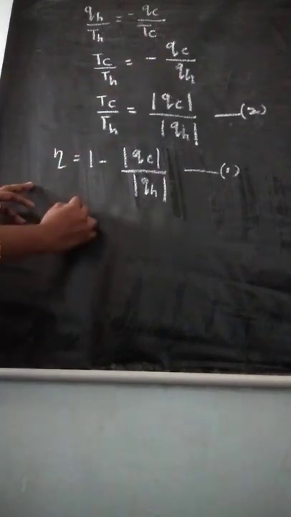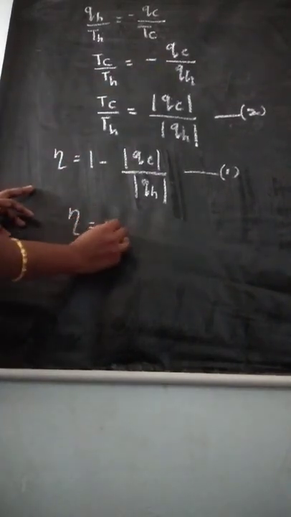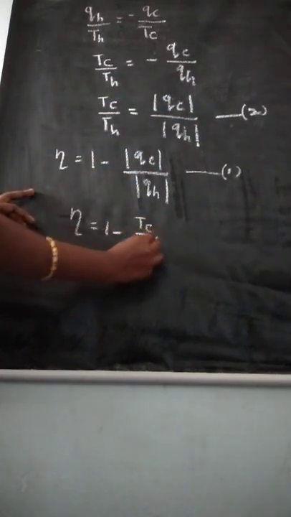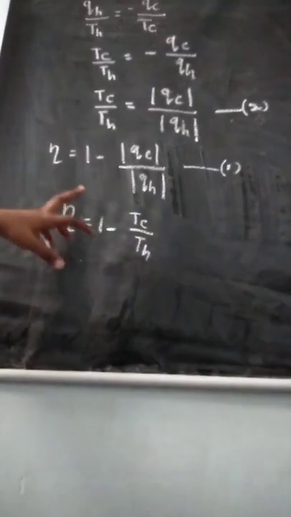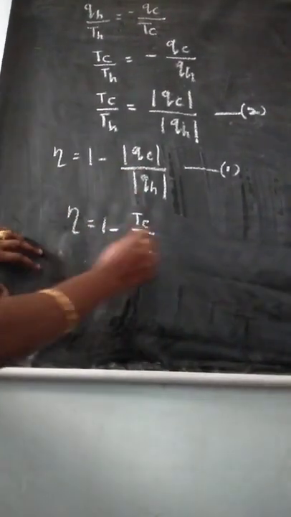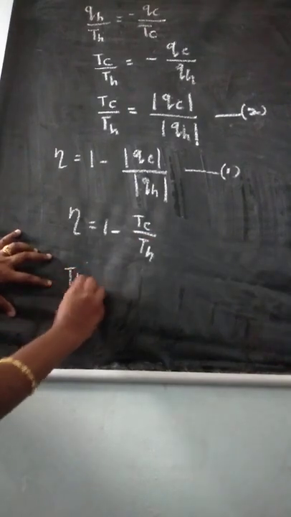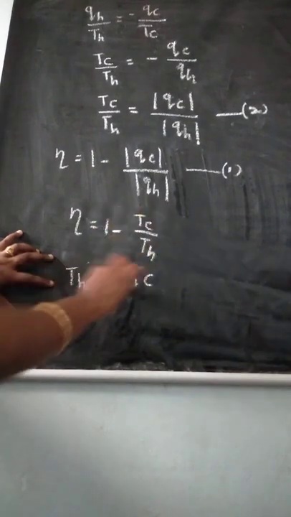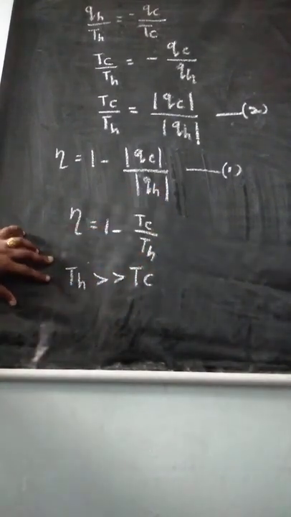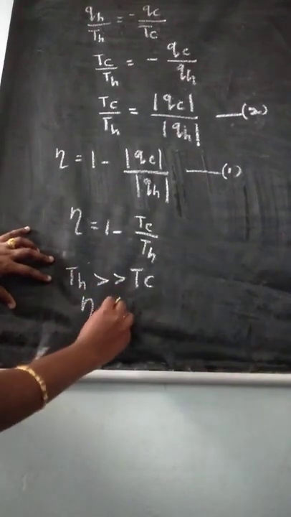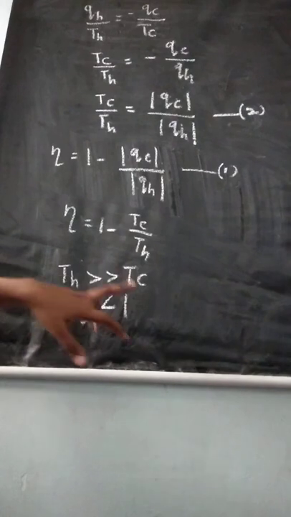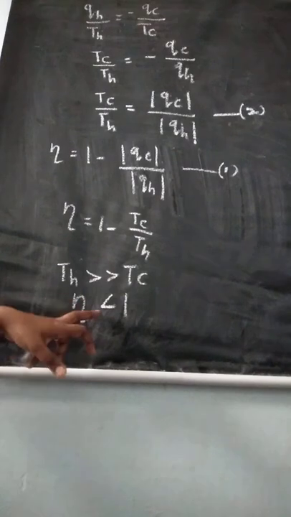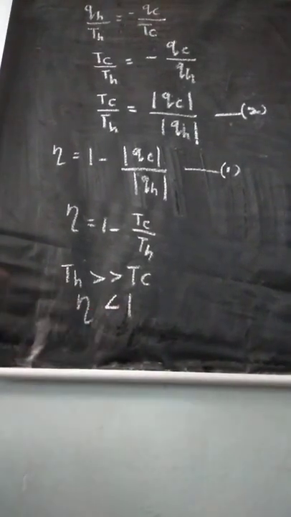Eta is equal to 1 minus TC divided by TH. In this equation, if TH is greater than TC, then the eta value is less than 1.